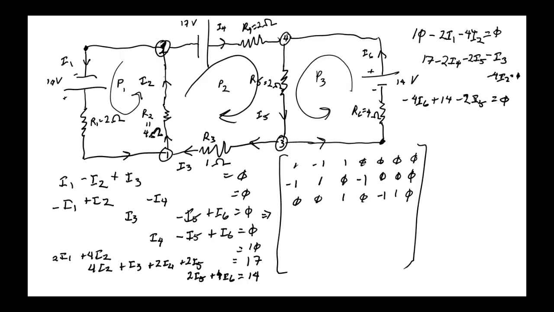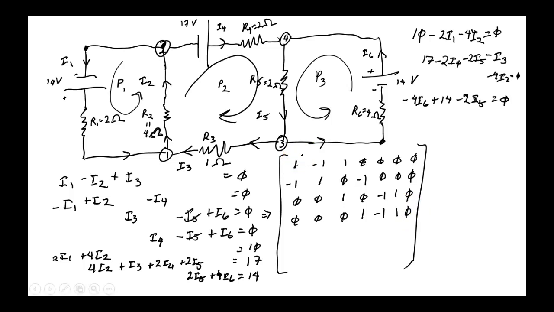Okay? Fourth one, 0, 0, 0, 1, negative 1, 1, 0. Those are our easy ones, so to speak.